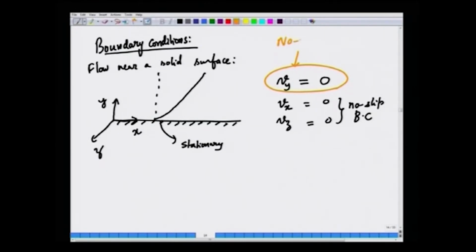So, this is called the no permeation boundary condition. While the tangential components of the velocity vector, V x and V z, being 0 is a consequence of what is called the no slip boundary condition.